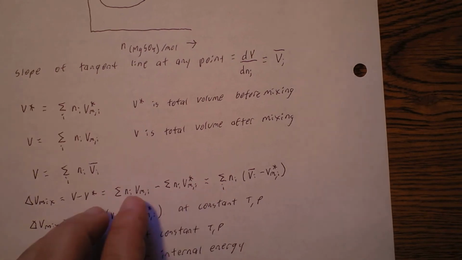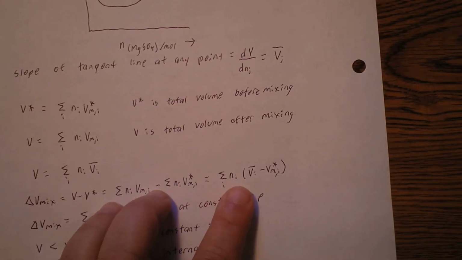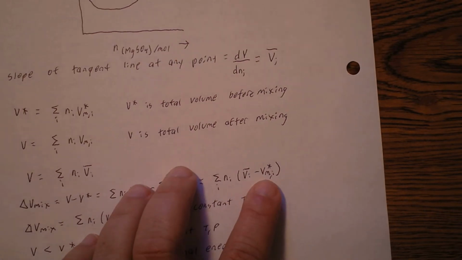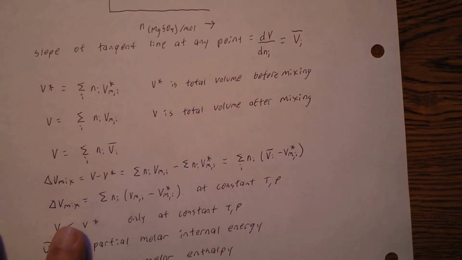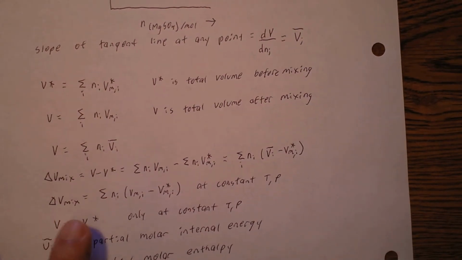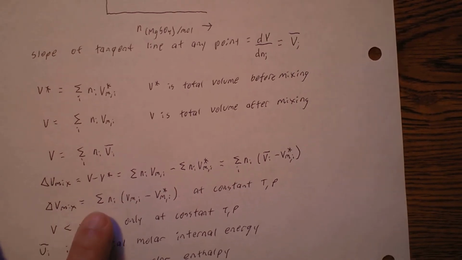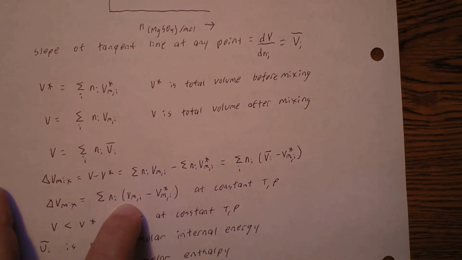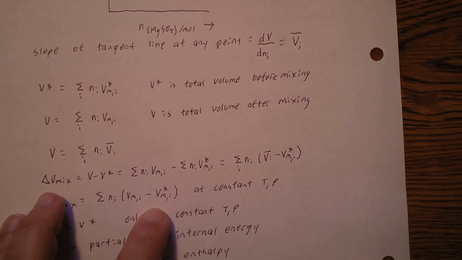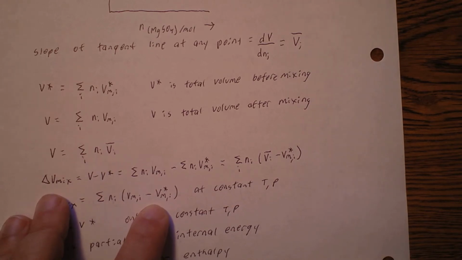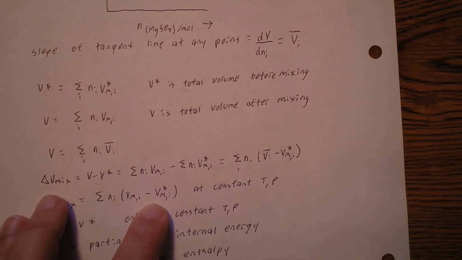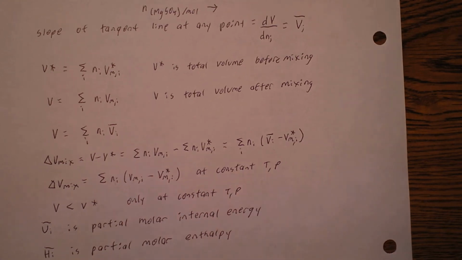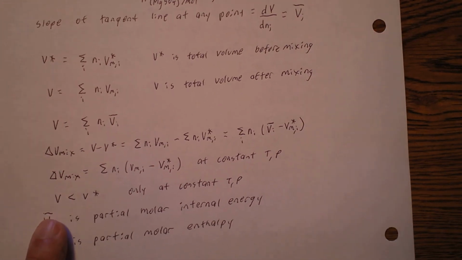And that is just distributing through. Then you get the sum over substance I of the number of moles of substance I times the partial molar volume of substance I minus the unmixed molar volume of substance I. So the change in volume from mixing is equal to the sum, the I is implied here, of the number of moles of substance I times the partial molar volume of substance I minus the unmixed molar volume of substance I. Okay, and that's assuming we said constant temperature and pressure, so those terms dropped out.